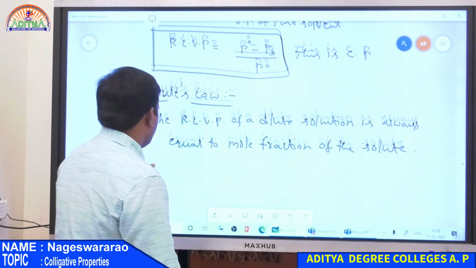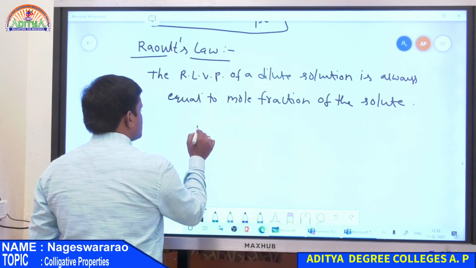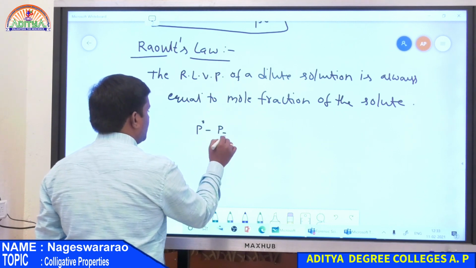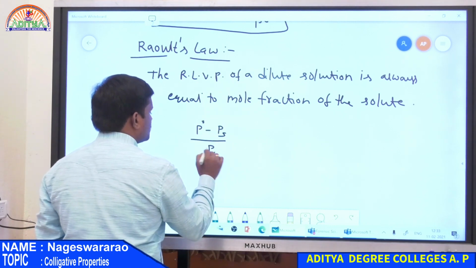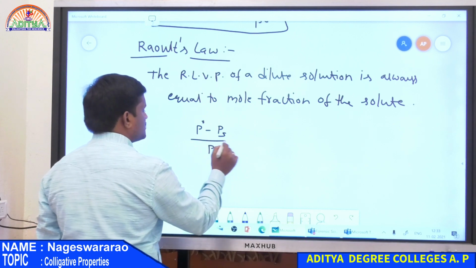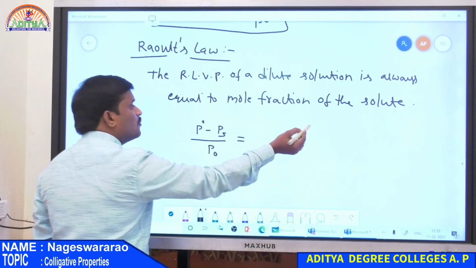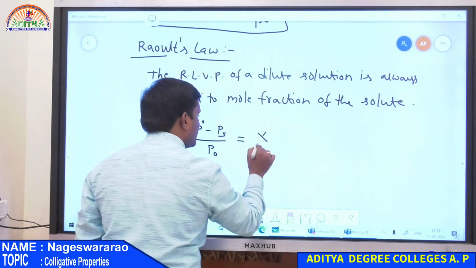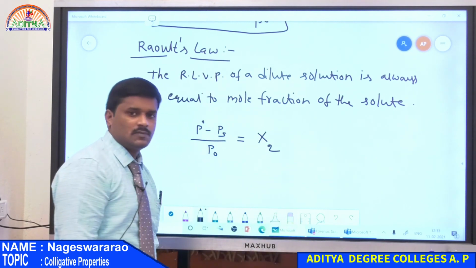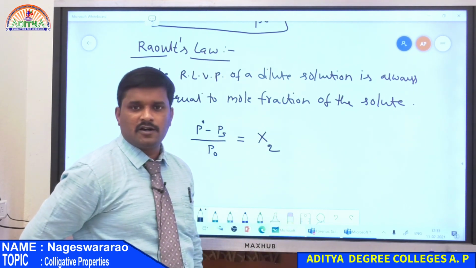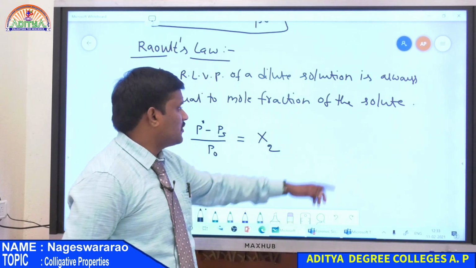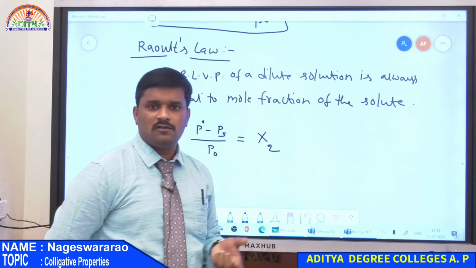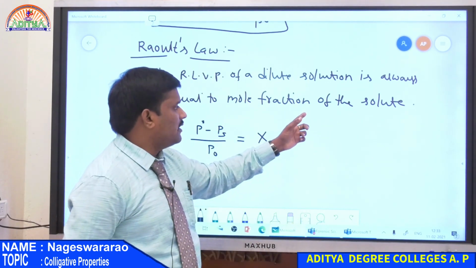Therefore, P naught minus Ps by P naught, the relative lowering of vapor pressure, is always equal to the mole fraction of the solute, that is the X2 value. Mole fraction is always denoted by capital X. Here it is a solute, and for the solvent, by convenience, it is X1.